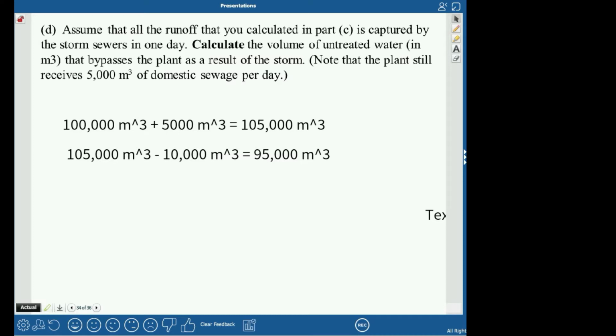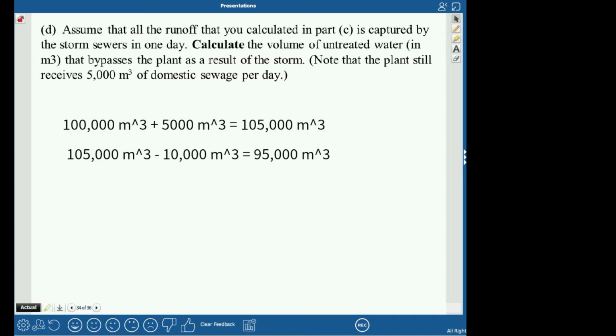This is going to be the extra. To show your work, this is all you would need. And like I said, if you didn't know how to do part C or part B, you could just make up an answer, because this one's just adding and subtracting. So you could make up an answer for part C and use it here.